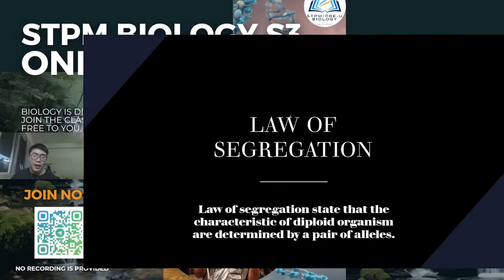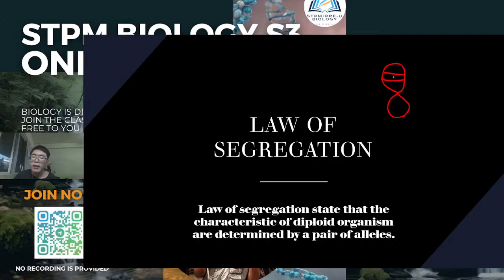Now I will proceed to the results that Gregor Mendel obtained. All of you know Mendel gave two laws: the law of segregation and the law of independent assortment. In general, Mendel said that our gene only has one allele.